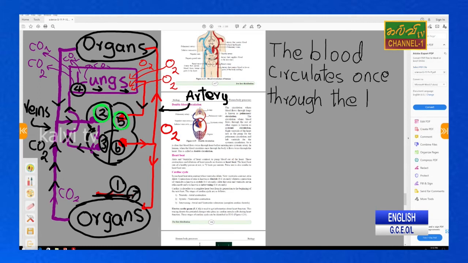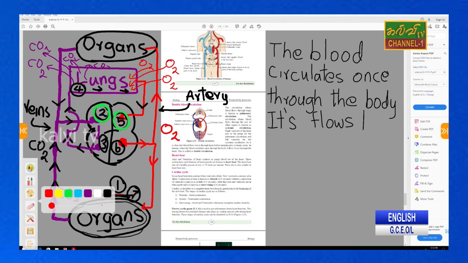That means they mention the body here, organs, right? Through the body, it flows twice. Very important. It flows twice. Right? Twice.